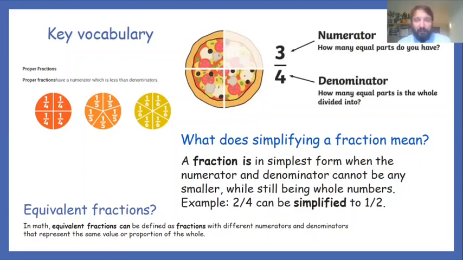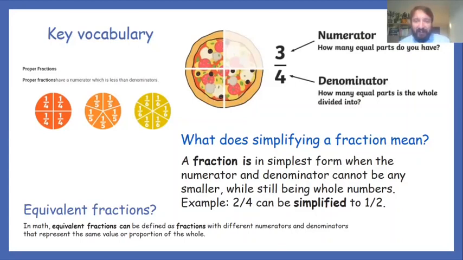A proper fraction is a fraction where the numerator is smaller than the denominator. We discussed equivalent fractions and looked at how to find equivalent fractions in our last session, and then bringing us on to what today's session is about, simplifying. So what does simplifying a fraction mean?